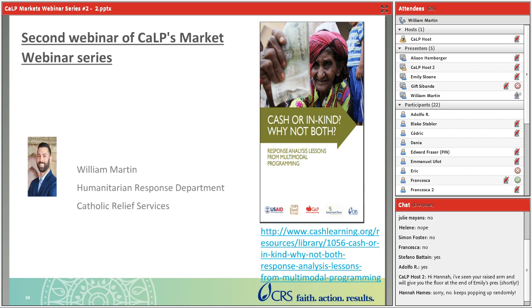The research reviews lessons learned about response analysis from multimodal response, which means when the practitioners determine that more than one response modality between cash, voucher, and in-kind was the best fit, or when the best fit changed over the course of the project. We compare the reasons for choosing different types of response within the same project.